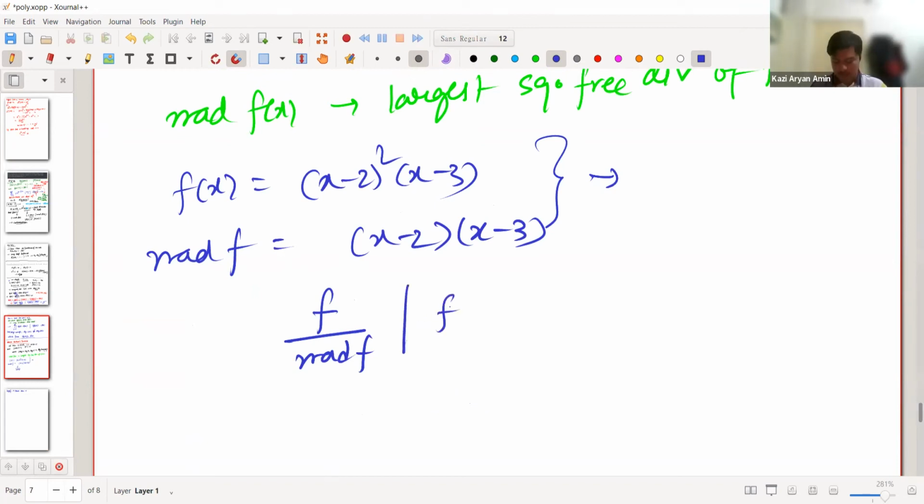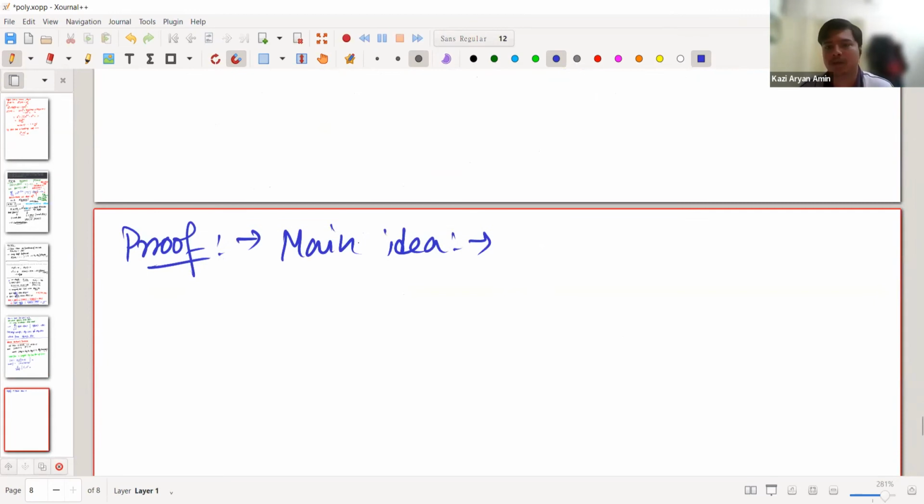And if f was not square free, then it divides f, and not only does it divide f, it also divides f dash, as a matter of fact. You can figure it out using normal differentiation. This is something that we will use a lot.